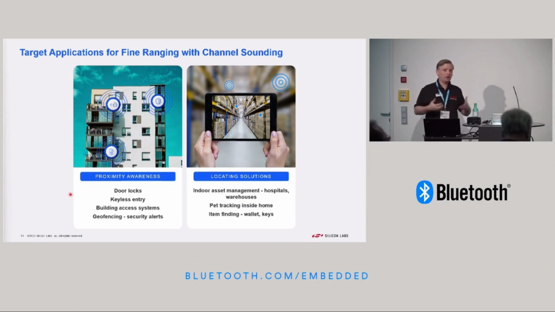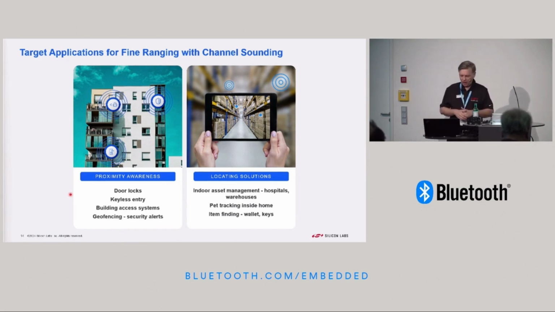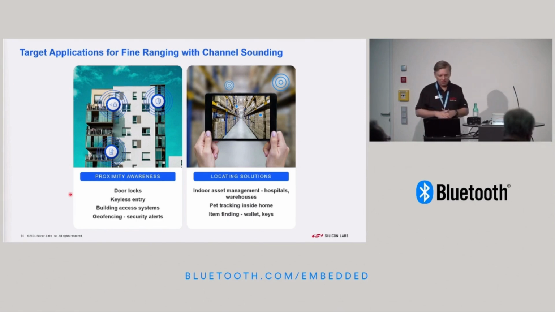So we're talking about door locks, access control, keyless entry, PEPs, passive entry, passive start, kind of automotive applications, building access systems, geofencing, zonal detection, that sort of thing. And then locating solutions, this would be asset management, tracking assets through a space, and other consumer applications like pet finding and item finding applications.